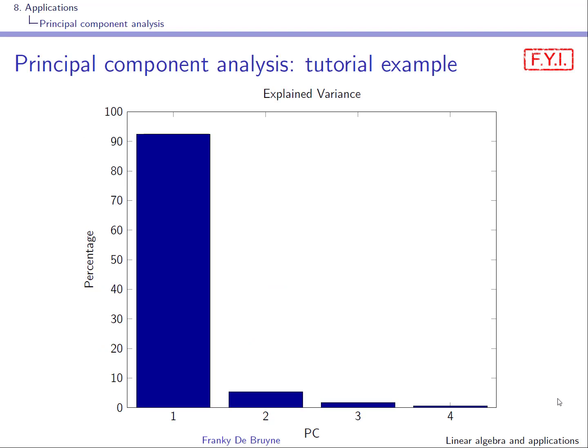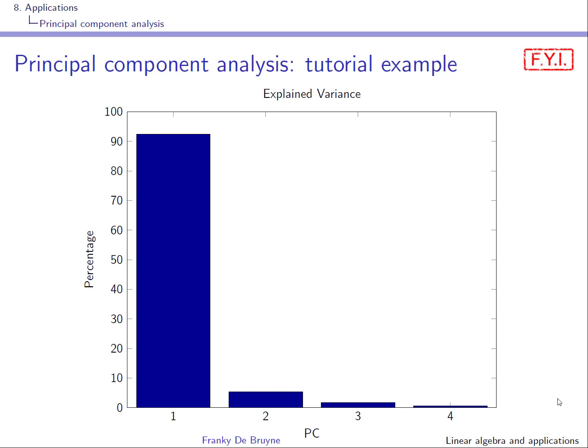If we look at the first figure, we see that more than 90%, so 92%, of the variance is explained by looking in the first direction, by taking simply the first principal component. You can add maybe 4 or 5% by adding the second principal component.